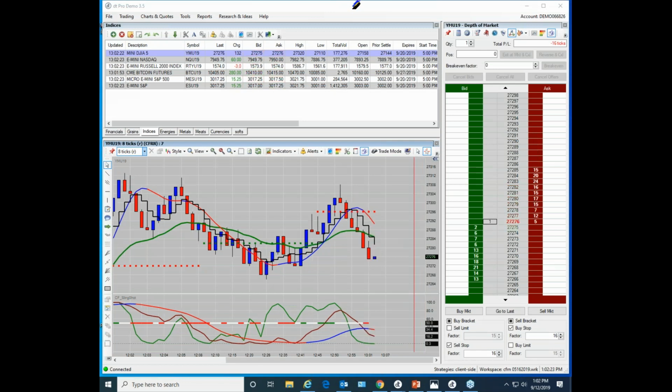So if you're having a problem downloading the platform or getting the indicators downloaded, the difference between us and Ninja is that all you have to do is call the desk here, and I'll pick up and walk you through it. You'll be talking to a live body, and that's comforting if you're going to make a commitment and learn how to trade. It's nice to know that the person answering the phone knows what you're looking at and knows the trade setup.